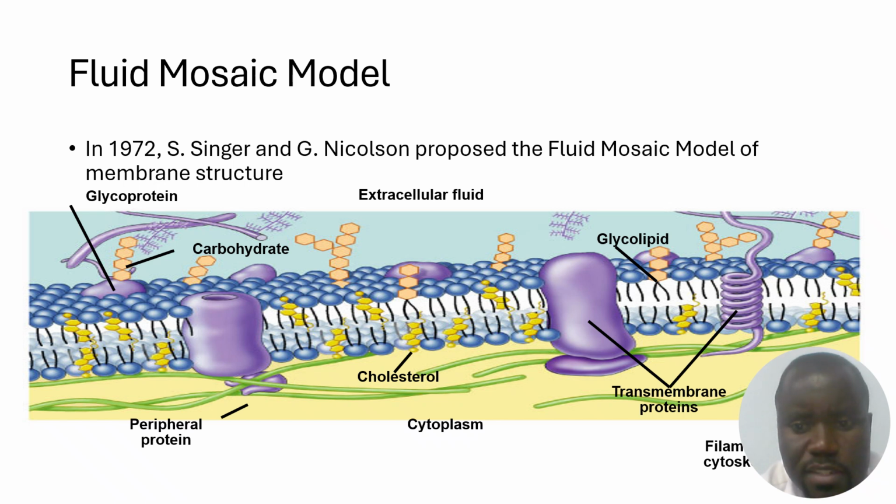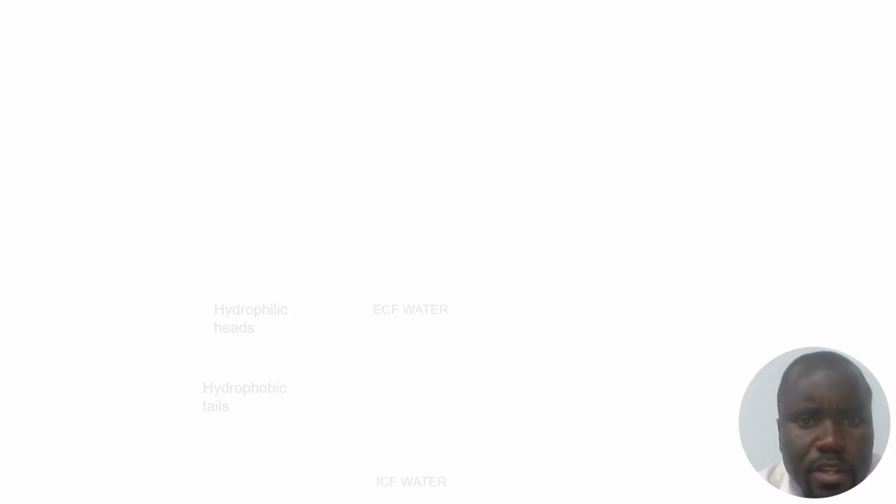So they slide across each other, meaning the membrane is fluid, able to flow one layer on the other. Mosaic refers to the fact that in the phospholipid bilayer there is a mix of proteins that make part of the structure. Therefore, it is referred to as mosaic.